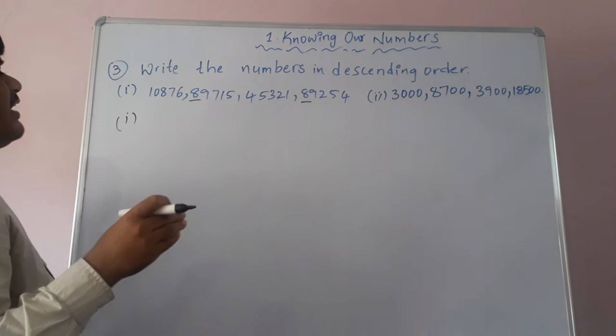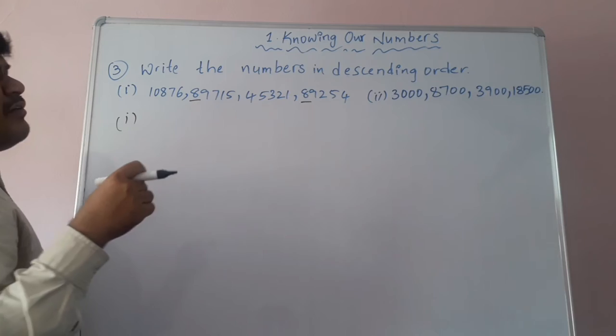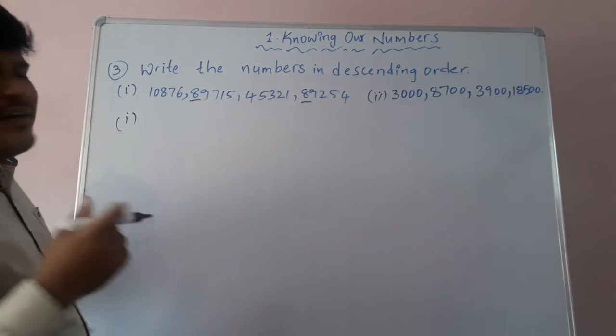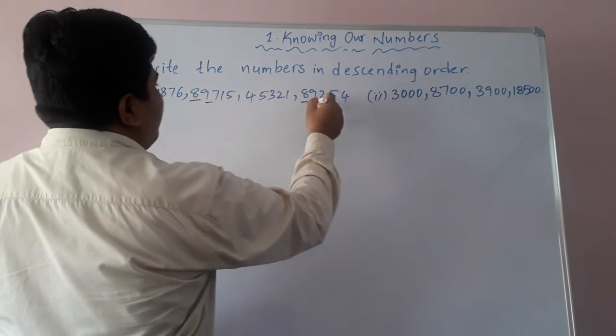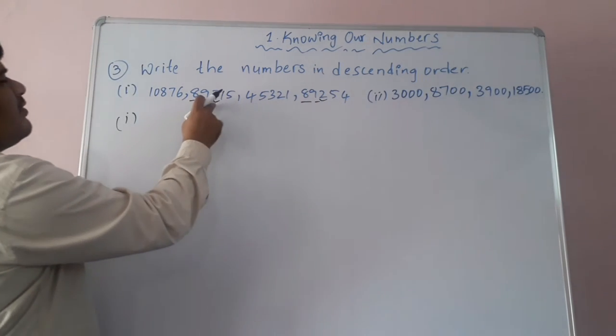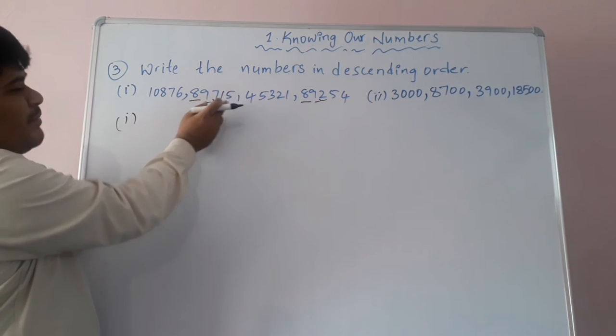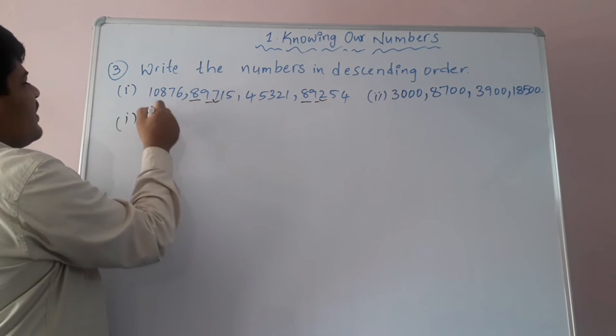So here 89,715, 89,254. Now the first digits are same, no? Let's compare the second digits. So 9, 9, these are also same. 7 and 2. So which number is big? 7, no? The digit 7 is big. So obviously this number will be big. So we are writing in descending order, children.